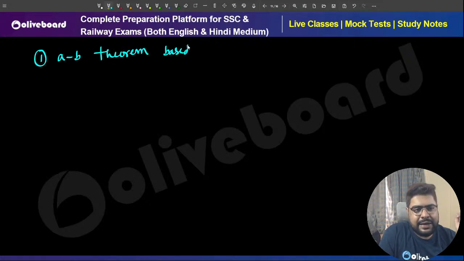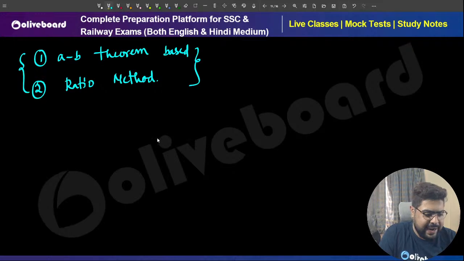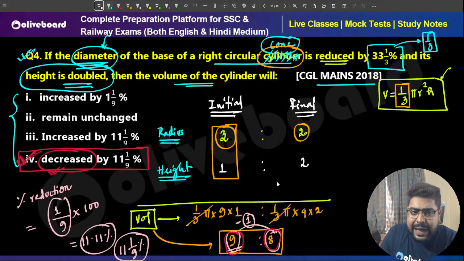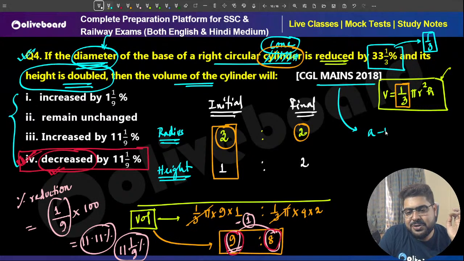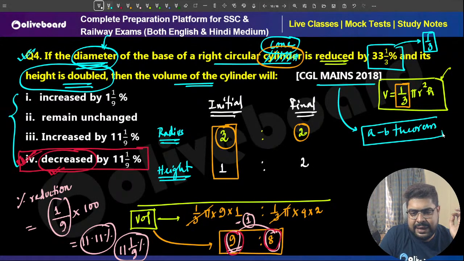Then we understood the second concept, that is the ratio based method. In the last question, if you are comfortable, you can also use the AB theorem very clearly.